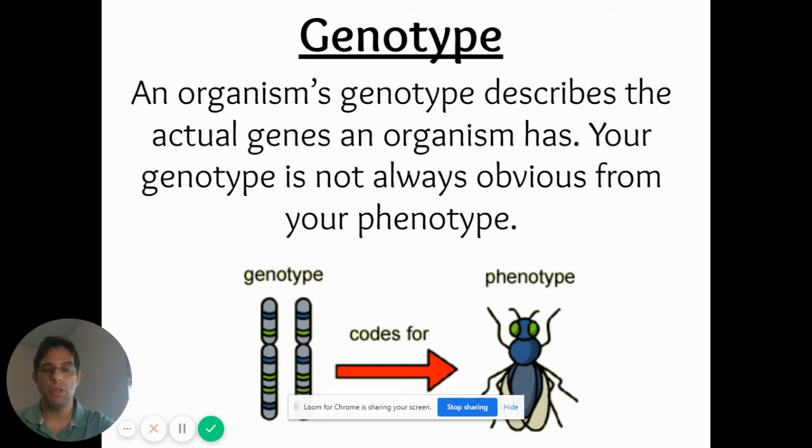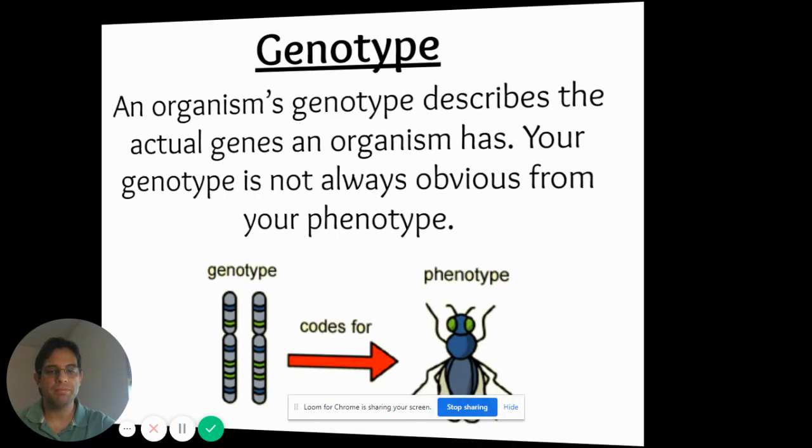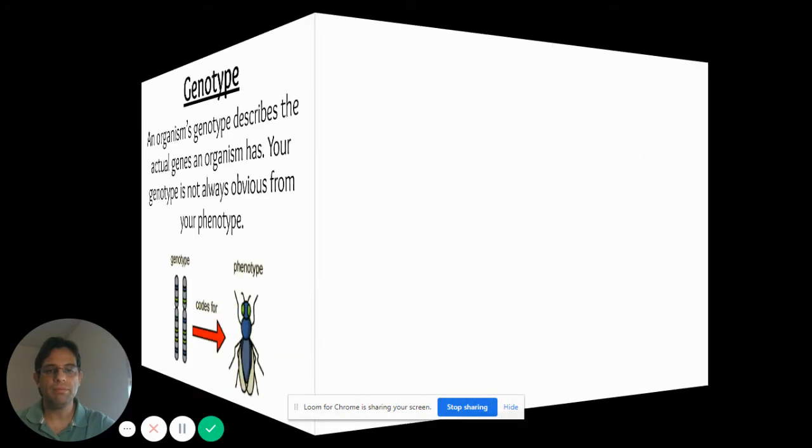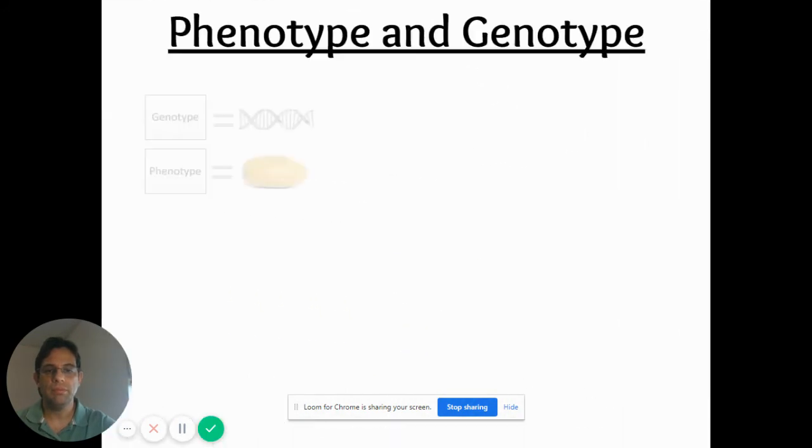As I told you before, you could have the phenotype, the characteristic I can observe, of brown eyes, but maybe my mom gave me the gene for green eyes, and I don't have green eyes. So it doesn't actually match your phenotype.